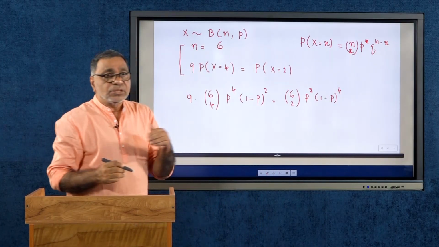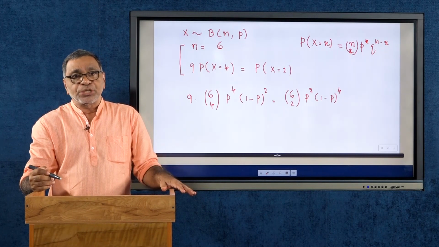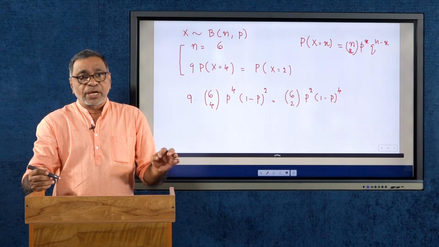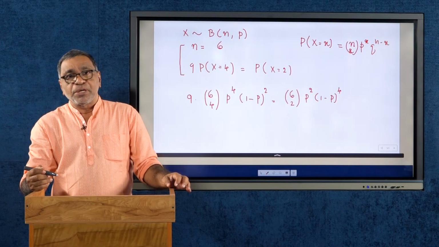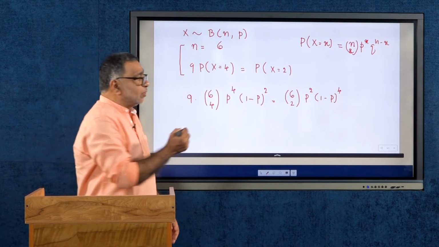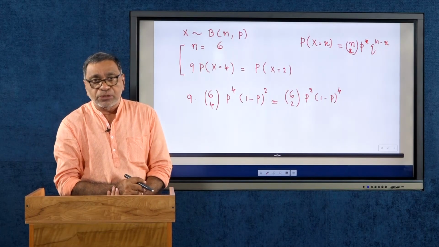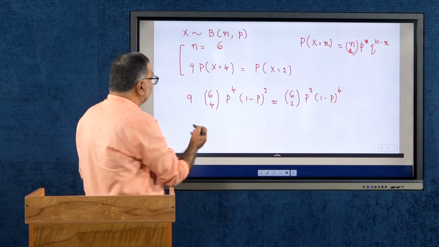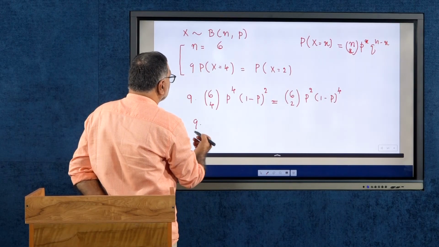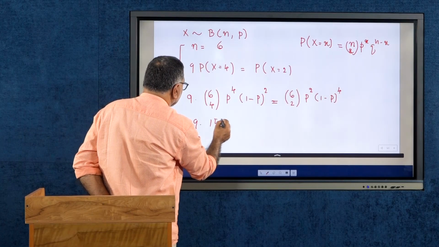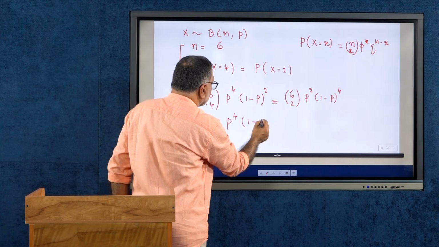See, that is the given equation converted in terms of the probability mass function of the binomial distribution. So, 9 into 6C4 p power 4 into 1 minus p the whole square is equal to 6C2 p square 1 minus p the whole power 4. And that is simplified. You have 9 into 6C4, you know, it is equal to 15, p power 4 1 minus p the whole square.